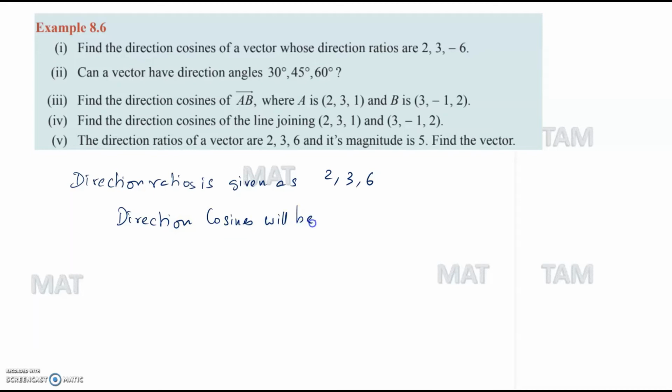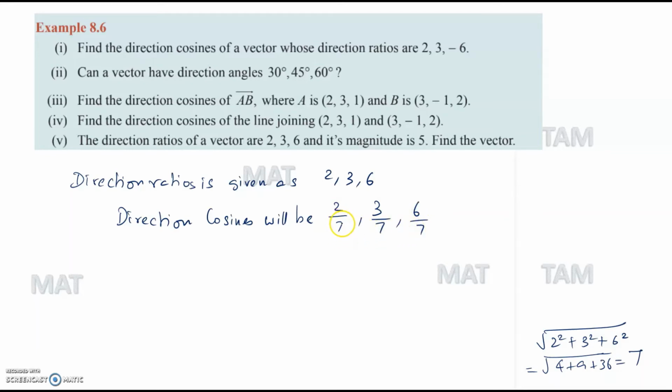The square root of 2 squared plus 3 squared plus 6 squared will be equal to 4 plus 9 plus 36, which is equal to 7. So our direction cosines will be 2 by 7, 3 by 7, 6 by 7.